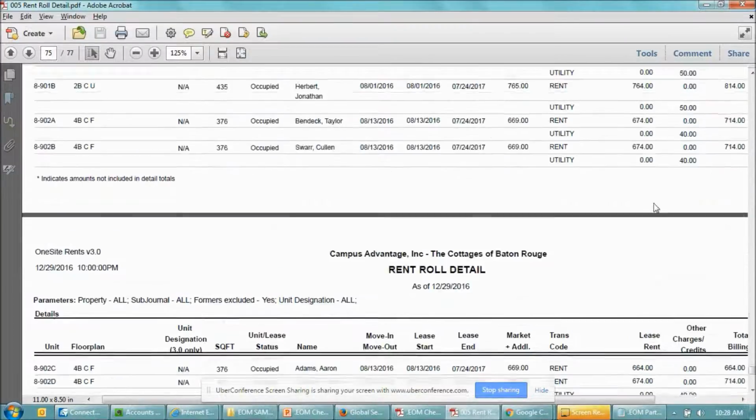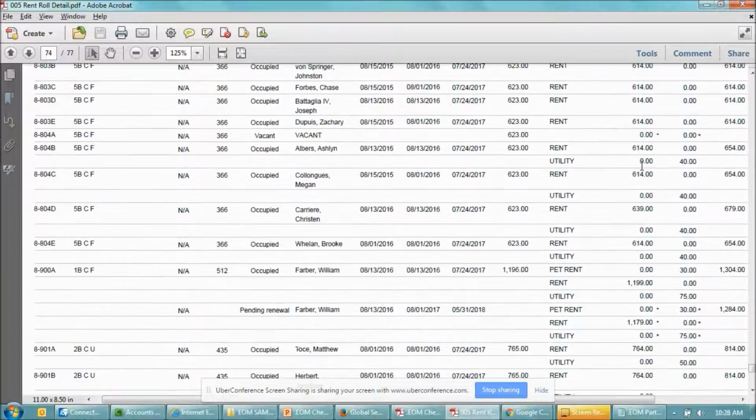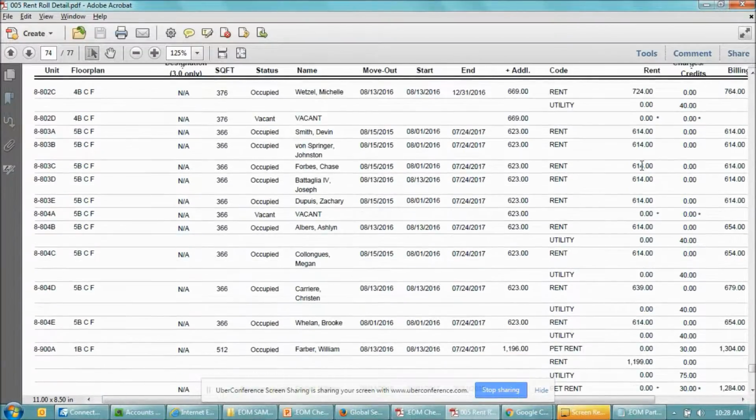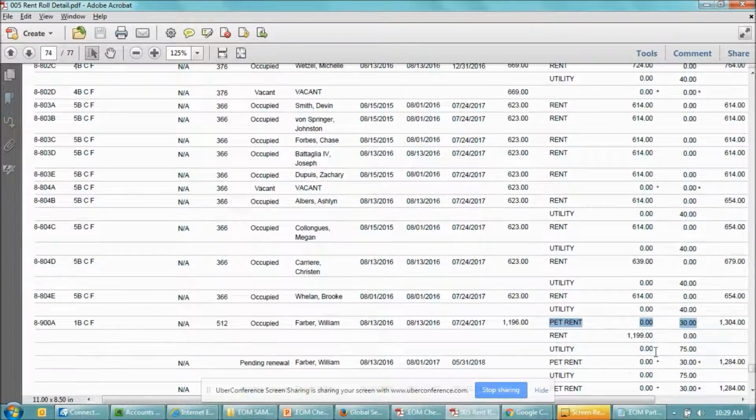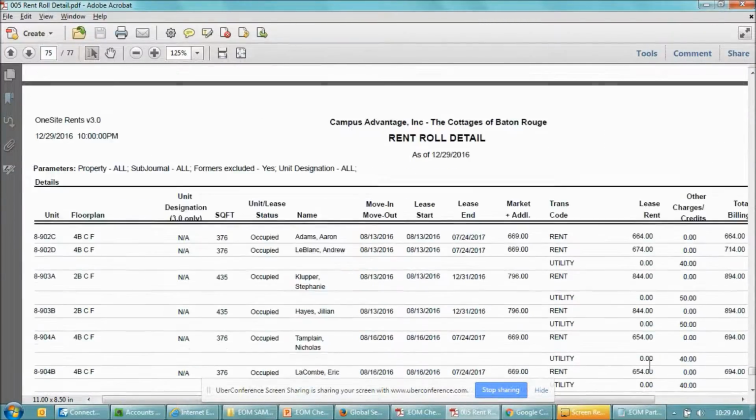So you'll want to review each of the lease rents to make sure they are correct. The rent is very, very important. The ancillary charges, utilities are important as well. Furniture, what would be another? Pet rent. Make sure that the pet rents are accurate as well. Like we're not charging someone $300 a month for pet rent, whereas that should have been their one-time fee of $300. So review the lease rent for accuracy.